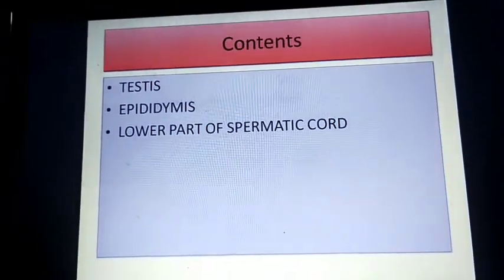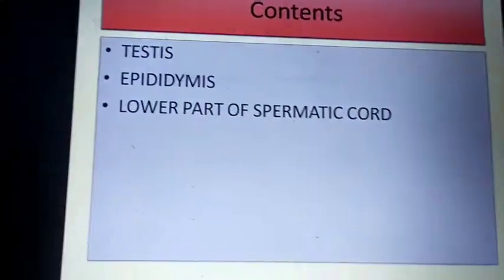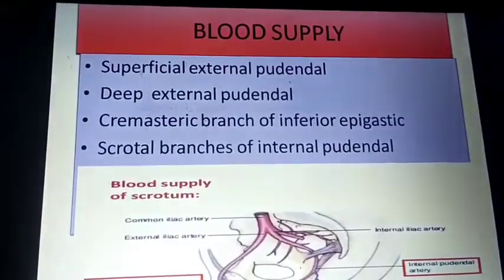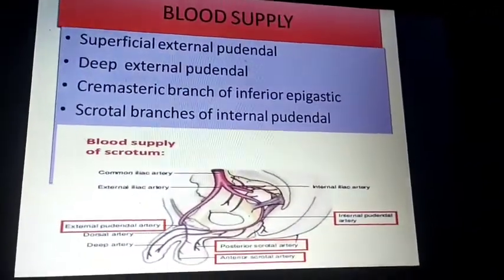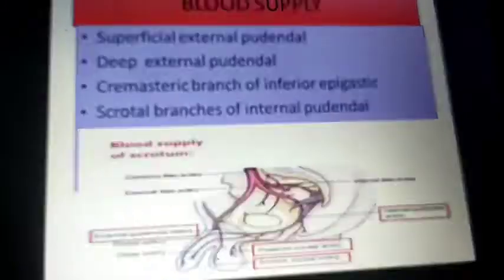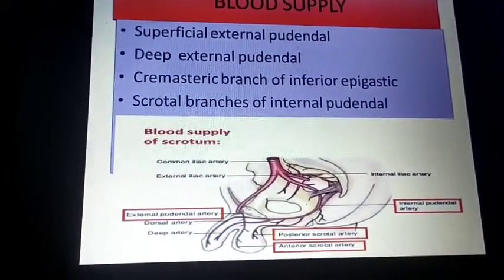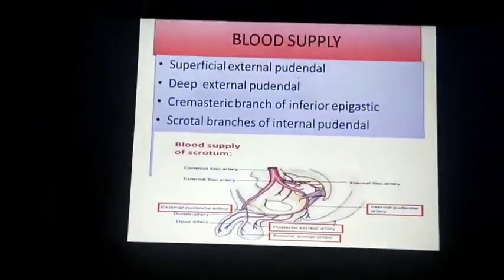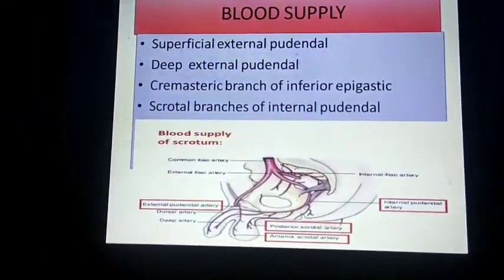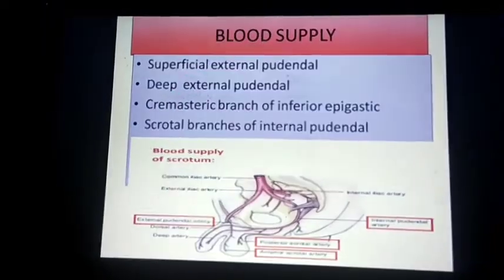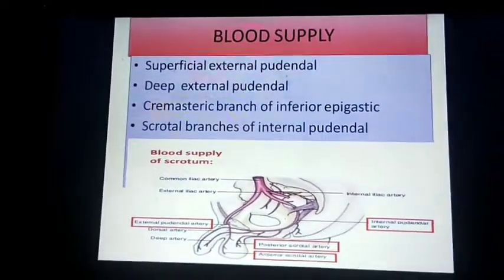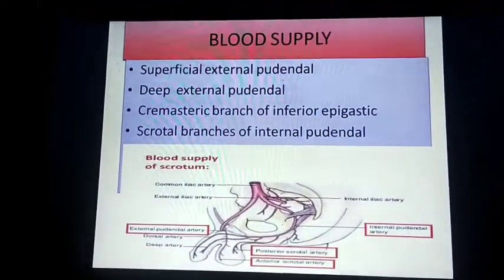One is testis, epididymis, and lower part of the spermatic cord. Now blood supply of the scrotum. It is mainly by the superficial external pudendal artery, deep external pudendal artery, cremasteric branches of the inferior epigastric artery, and scrotal branches of the internal pudendal artery.